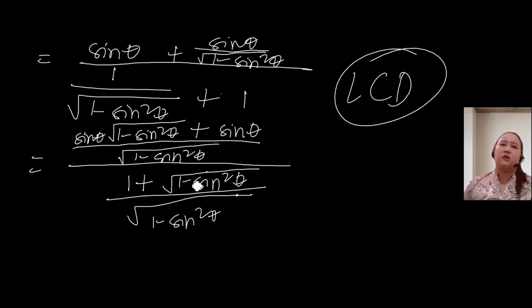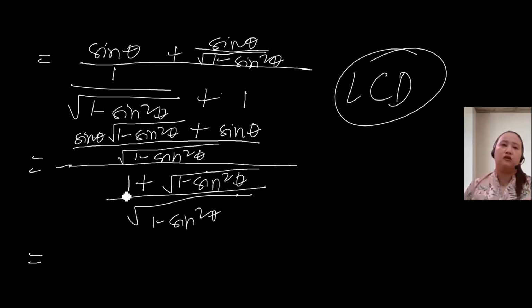So denominator times 1 is the square root of 1 minus sine squared theta. And then, if you would like to cancel the denominators, because we do have the same denominators here, you can cancel them already. But if you find it difficult, you just write this in terms of multiplication.